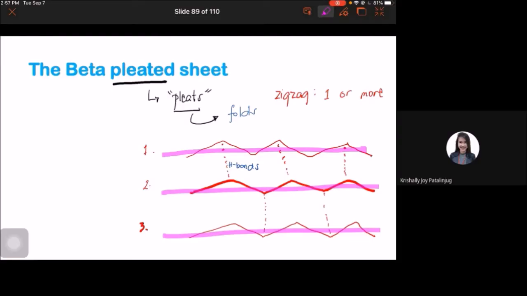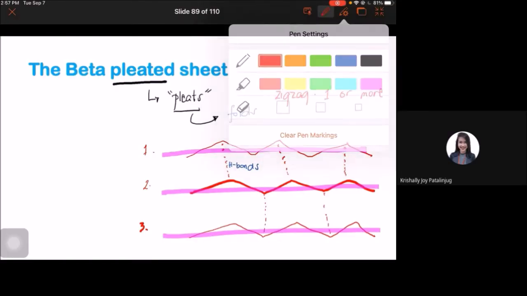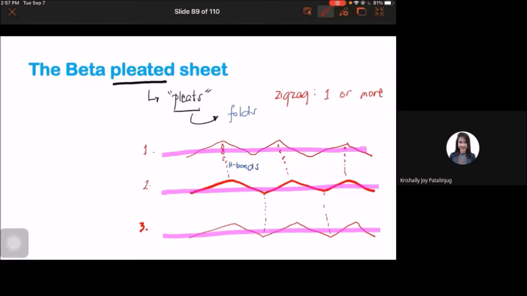Relate nato karon ang alignment. If we relate the alignment of the axis of rotation sa hydrogen bonds, kumusta? Is it still parallel or perpendicular already?